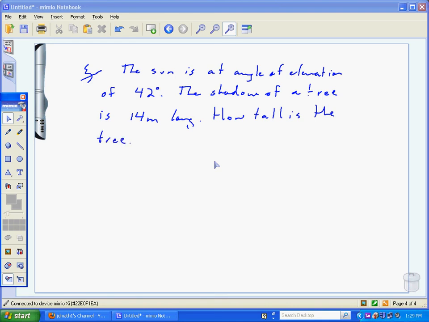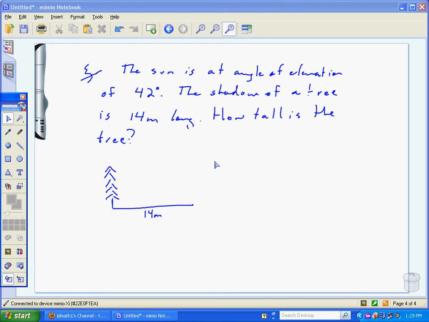Now again, this isn't anything different than what you did in grade 9. We'll draw the picture out here. Shadow of a tree is 14 meters long. How tall is the tree? Well, here's my tree. If I draw the shadow, all shadows lie on the ground, by the way, not in the air.